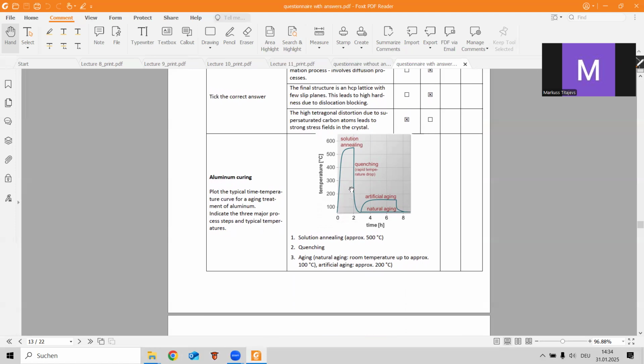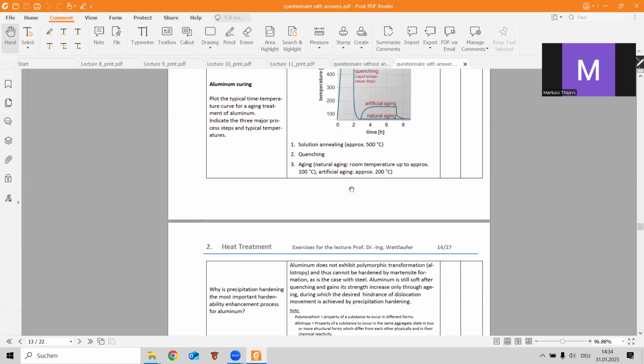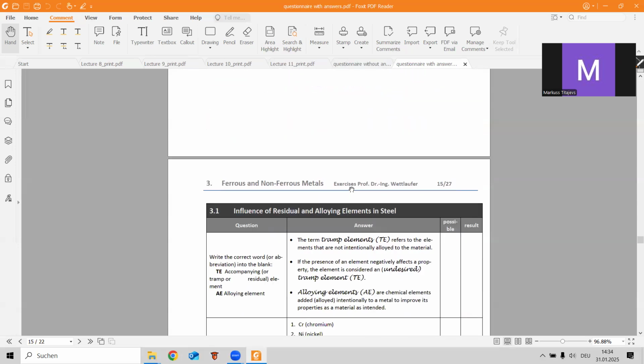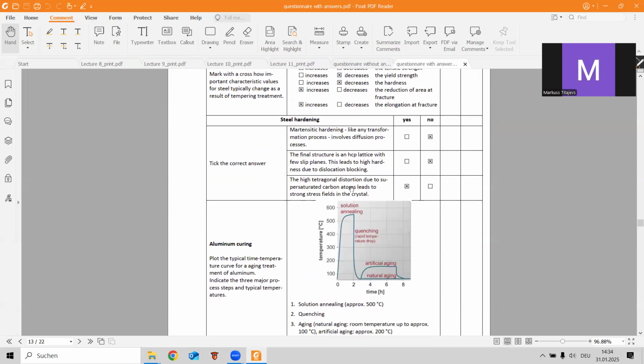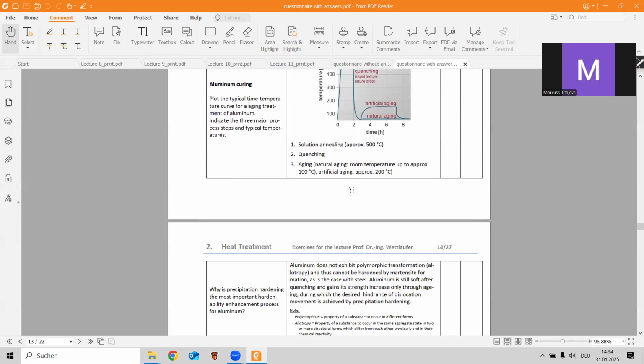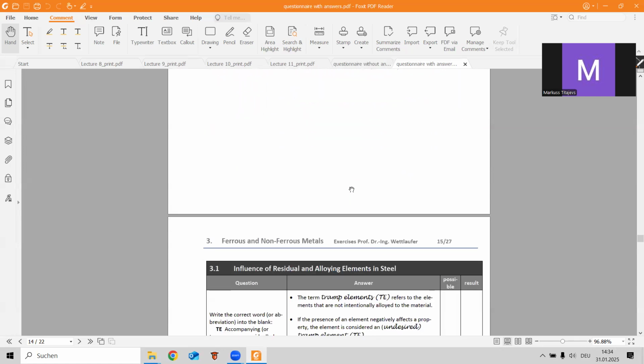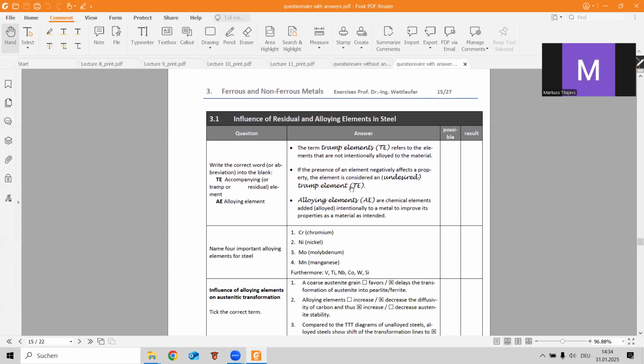What is particle hardening? Components, hardness, alloying elements.